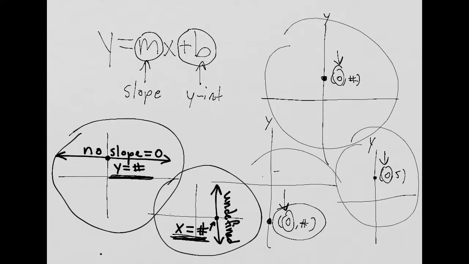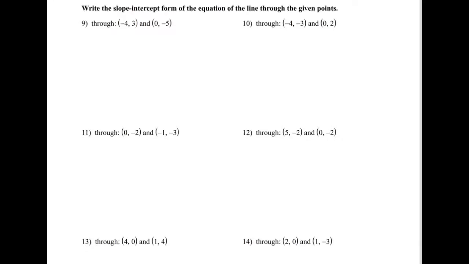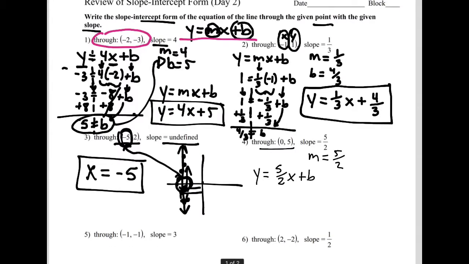We have a 0 in our x position. If you catch that, you should know, oh, that's my y-intercept right there. So technically, we know our b without even having to solve for b. We know our b is just 5. So we have y equals 5/2x plus 5.